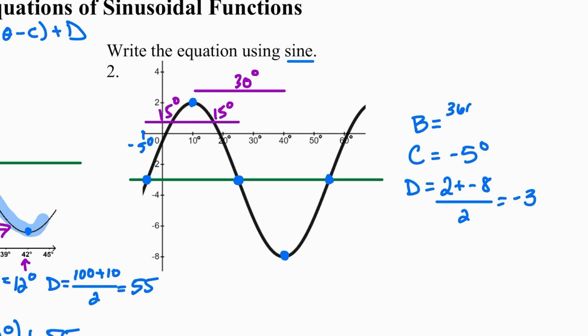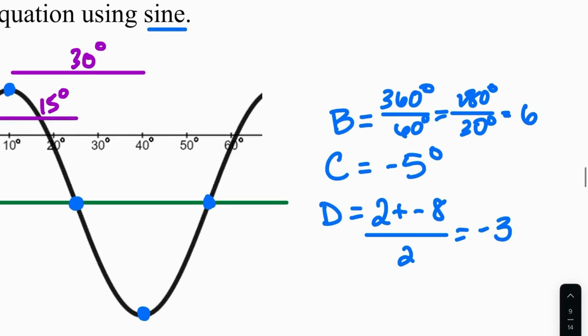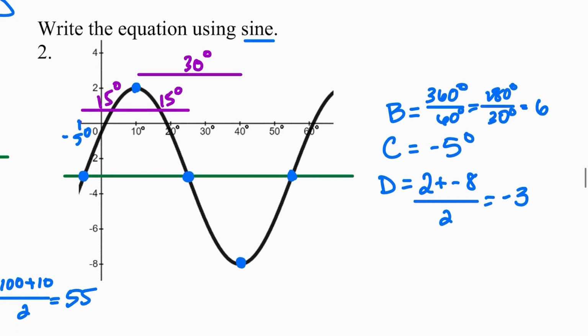So then if I do 360 divided by 60, or 180 divided by 30, we end up getting 6 as our value of B. So our full period length is 60 degrees, a half cycle is 30 degrees. So either way you think about it, you end up getting the same thing. And then our amplitude is going to be the difference between our maximum and minimum value, or the distance from negative 3 up and negative 3 down. So you end up getting 5.